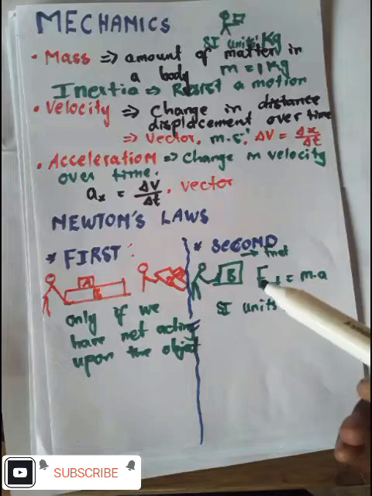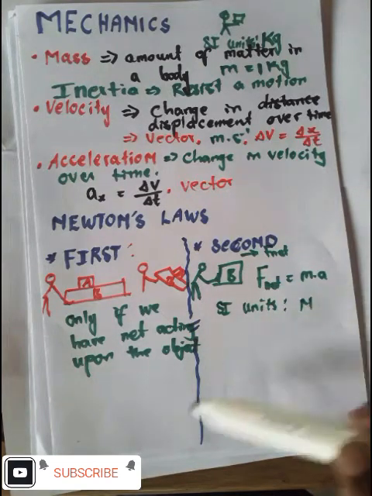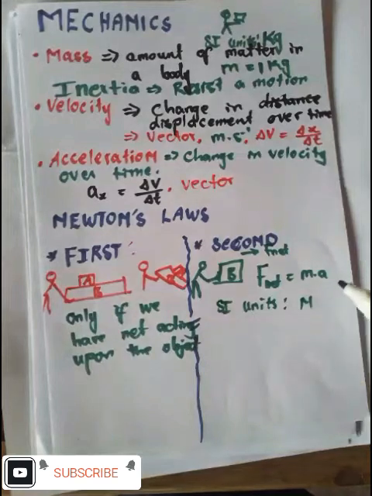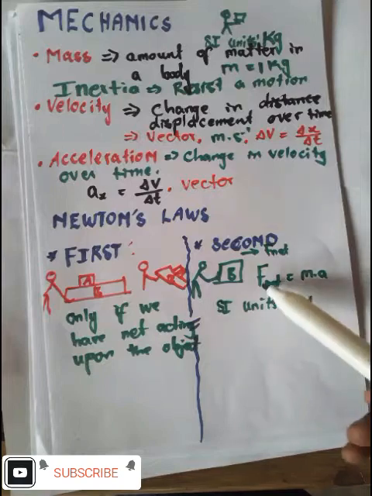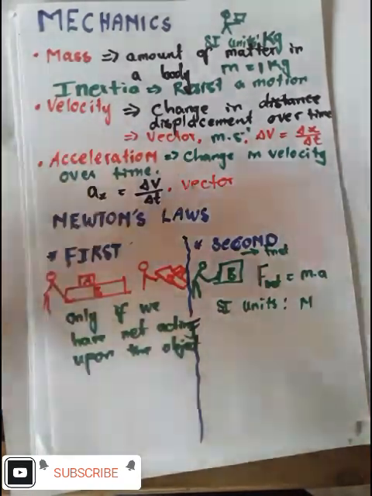If you are applying a force on an object, the object will move in the direction of that net force. Also, you have to know that the net force is directly proportional to the acceleration, and acceleration is inversely proportional to the mass. Let's check that relationship.